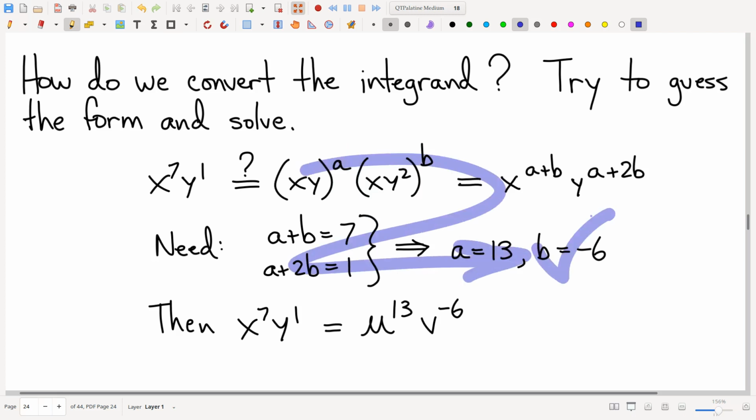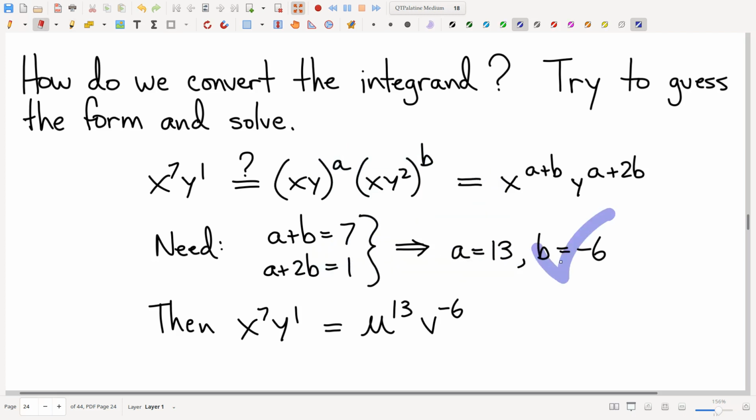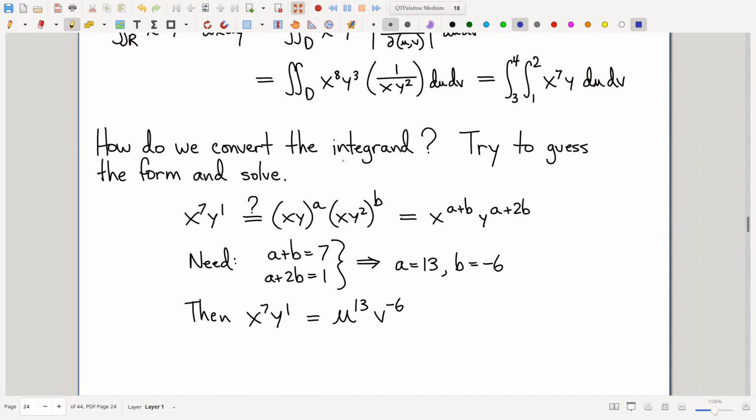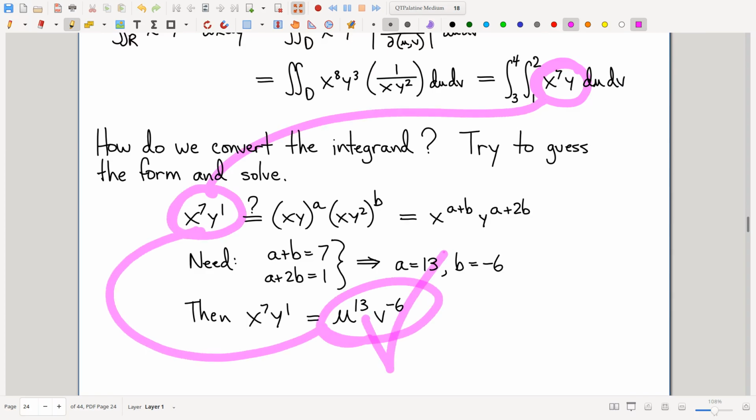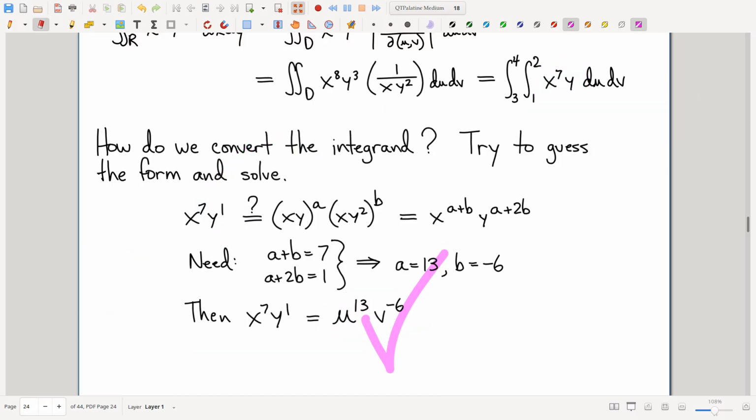Y'all can read those details, and that then allows me to rewrite my integrand in terms of U and V as I need it to be. Okay, there you go.